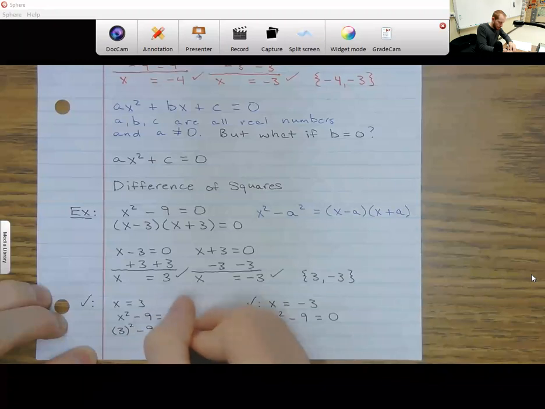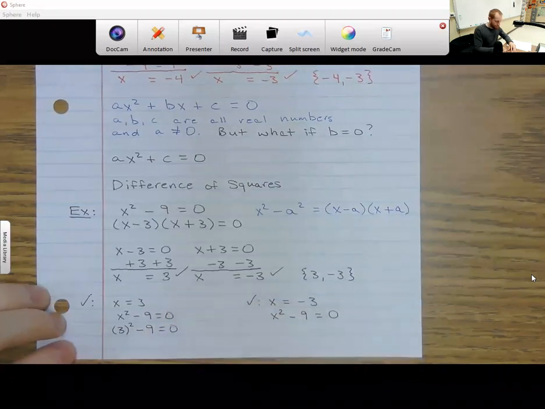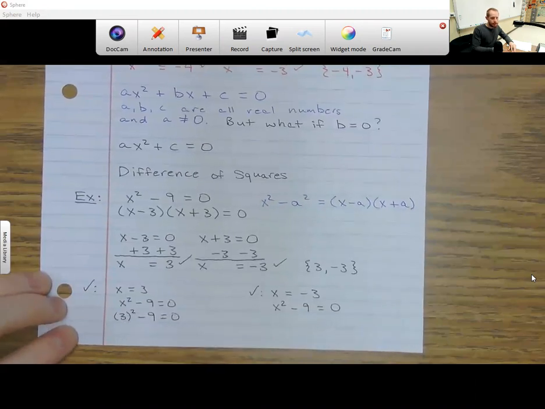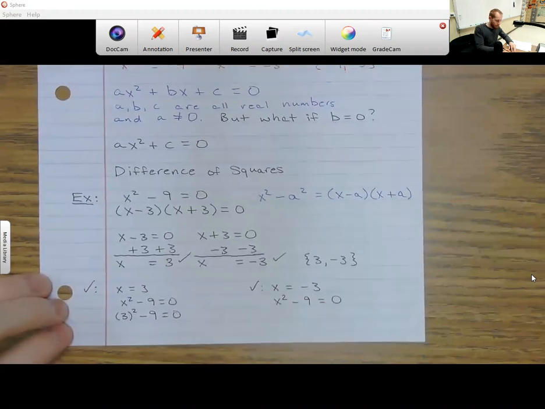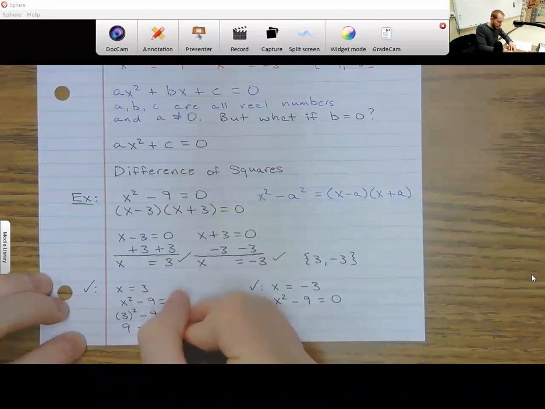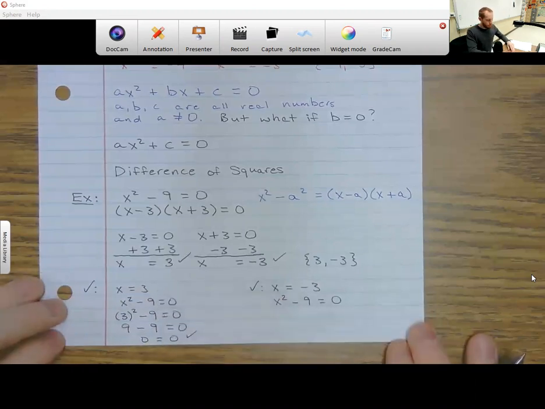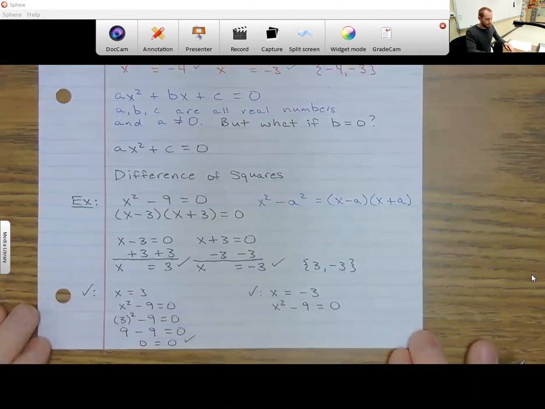Subtract 9 equals 0. Okay? Now, I know that 3 squared is going to give me 3 times 3, which is 9. So I'm going to have 9 minus 9 equals 0. And indeed, that's going to give me 0 equals 0. So this one, I know it's going to work. So 3 is definitely going to solve this.